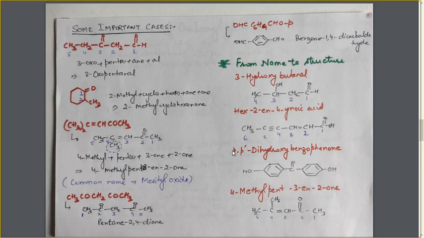The question can be asked in both ways. You have to write down the IUPAC name of the compound, or you can also be asked to write the structure for a given name. So here I am discussing some questions in which you have to write down the structure for the given name.